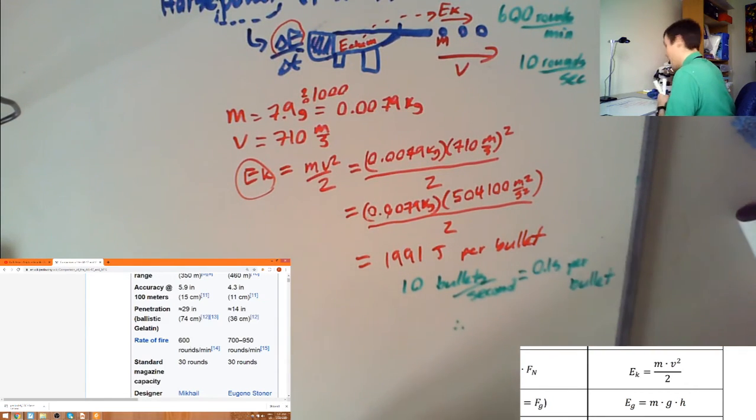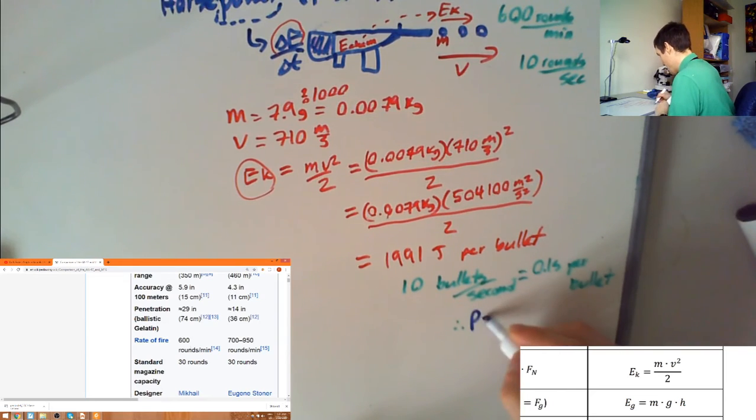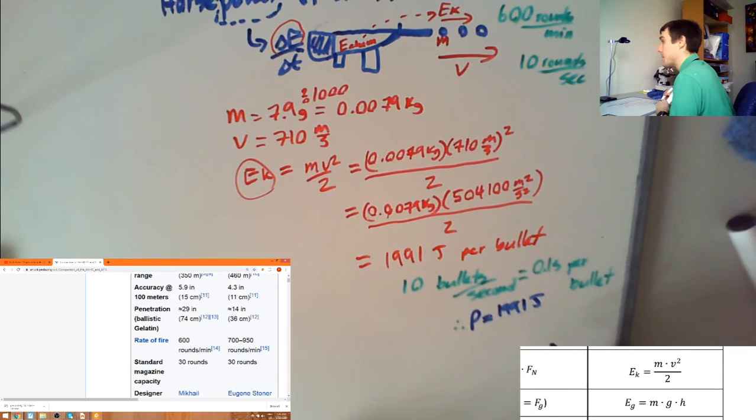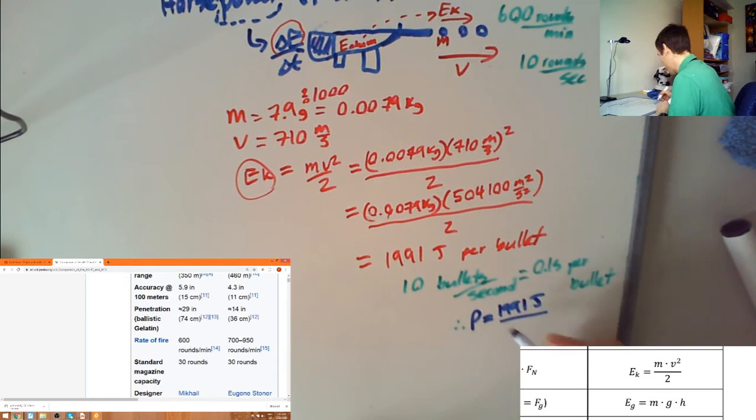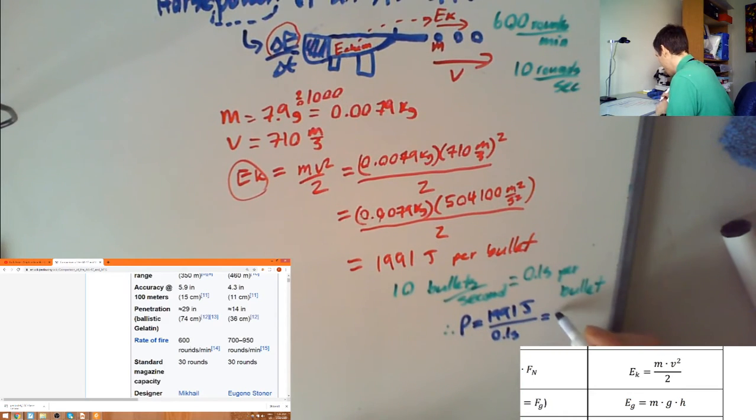Therefore, power is 1,991 joules, like we figured out before, divided by 0.1 seconds, which gives you 19,910 watts. Remember, watts is our unit of power, joules per second. A joule per second is a watt. Or you can multiply the joules per bullet times the bullets per second, and you'll get exactly the same idea.